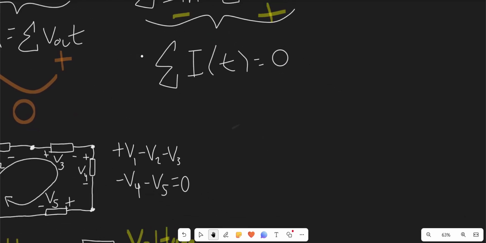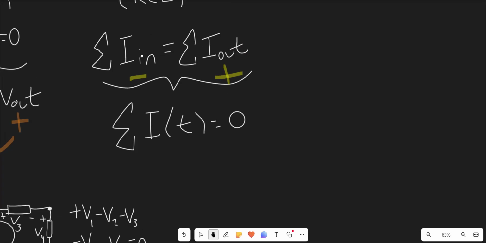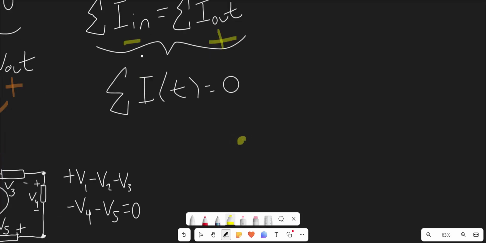So let's draw out an example and demonstrate this further. So imagine we have a node right here, and then we have two circuit elements. These don't necessarily have to be batteries, they can be whatever you want, but I'm just going to draw boxes to keep things simple. So let's say we have these two circuit elements connected to a node. We're going to have some current flowing in this direction, which we'll just call I1.